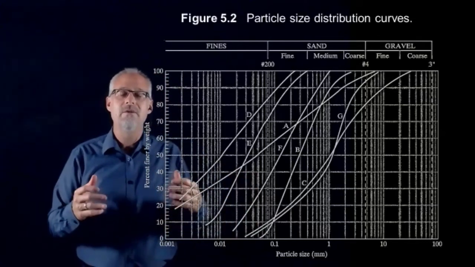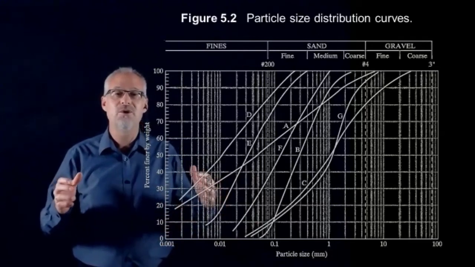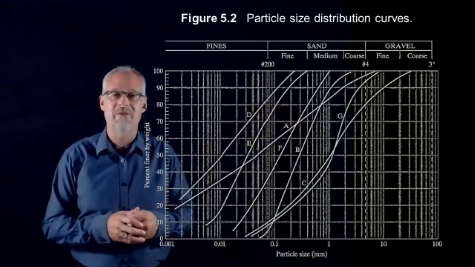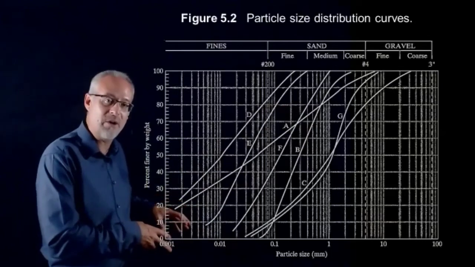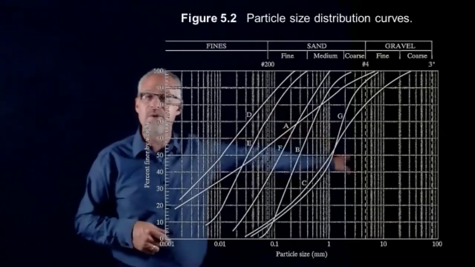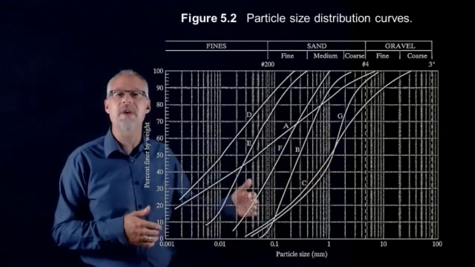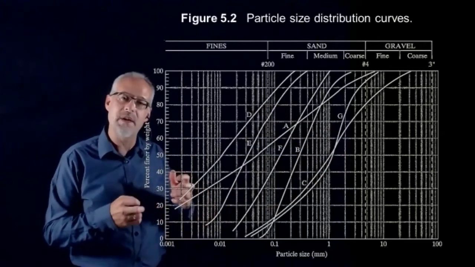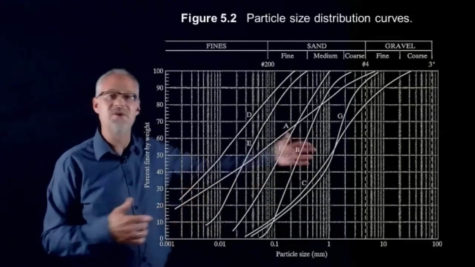The cool thing about a log scale is that it allows us to put on huge size differences. So we can talk about microscopic particles down here, and we can talk about boulders at the other end, but they all fit on one scale, and they all have the same amount of resolution, even though the scale is gigantic.